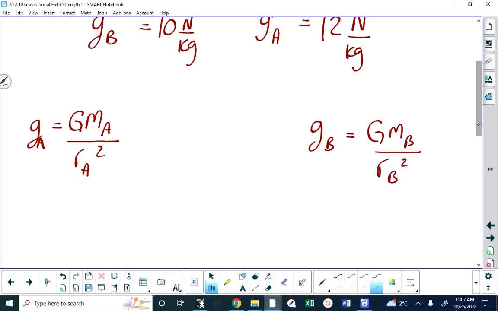So make up a mass. No matter how ridiculous the mass is, it's going to work. I'll leave it to you to figure out why, in terms of ratios and constants, it's going to work. But you could use 2 kilograms for mass. It doesn't matter. What you can now do is calculate the radius of planet A and the radius of planet B and then divide them, and guaranteed you'll get the exact same answer we got. Okay. Other questions?